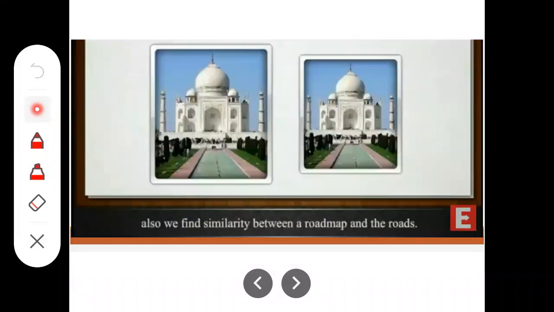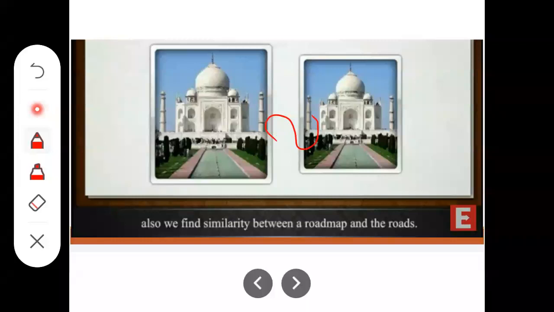Here also, a pic of Taj Mahal. A very lovely building, Taj Mahal. Here the sizes are different, but those are like-looking figures. Those are called similar figures, and the similarity symbol is like that.